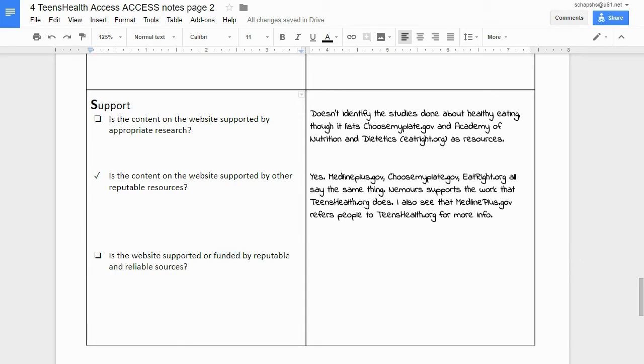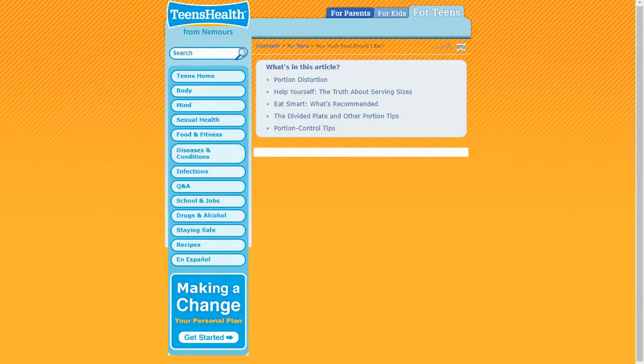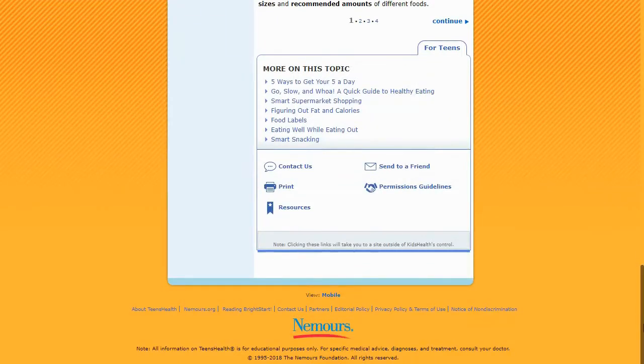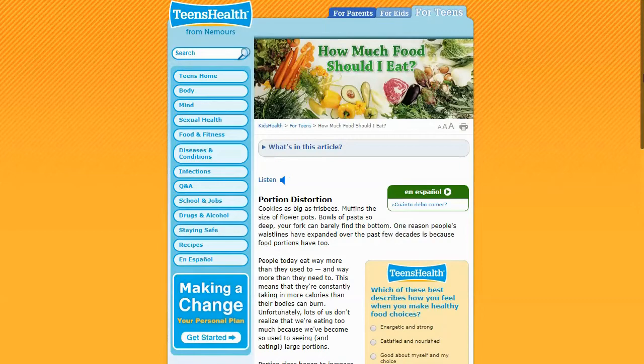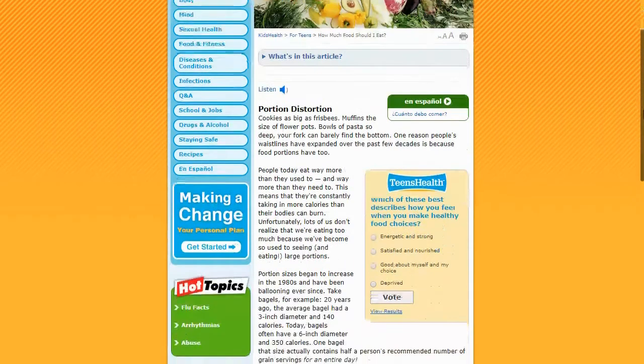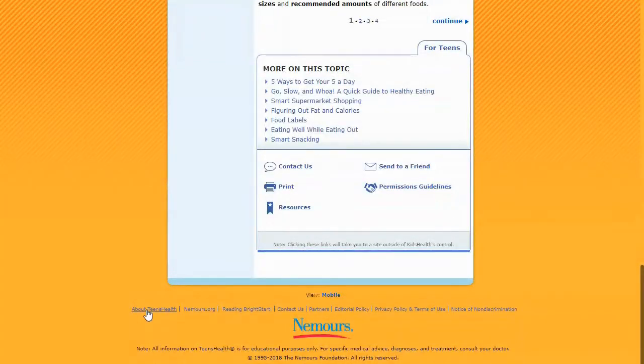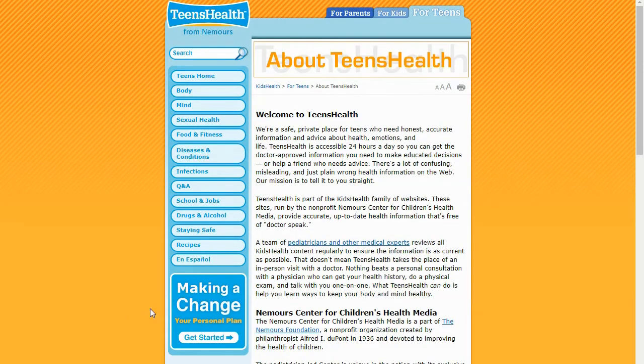There are a couple places to look for that information on your website. First of all, if you look at the bottom of the website, you might be able to look in the About Us section to learn a little bit about the mission and where they get their funding.